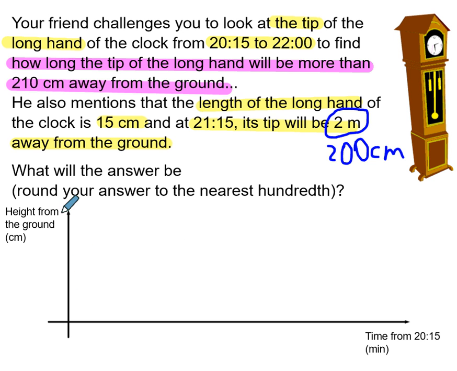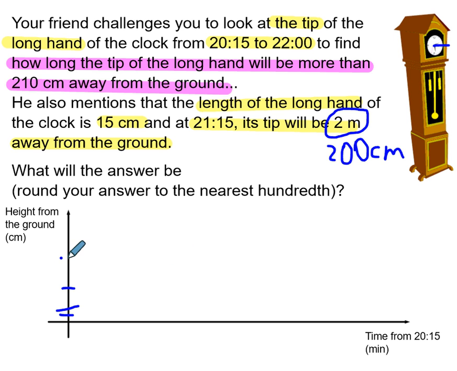When you look at your y-axis, we're not going to need all the numbers, so we can cut our axis. We're going to start at the bottom. Where is the bottom? If you know that at 9:15 the tip is at 200 centimeters, where is the long hand at 9:15? The long hand is here, in the middle.